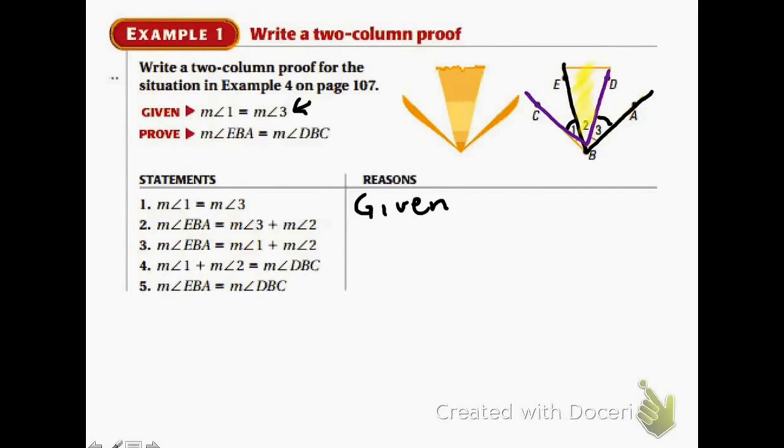The first statement they gave us is that angle EBA is equal to the measure of angle 3 plus the measure of angle 2. So that first big angle, EBA, they tell us is equal to the measure of angle 2 plus the measure of angle 3. Now, how do we know that when we have two little angles we can add them together and make the big angle?